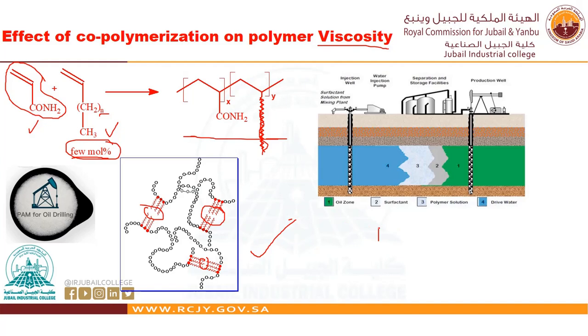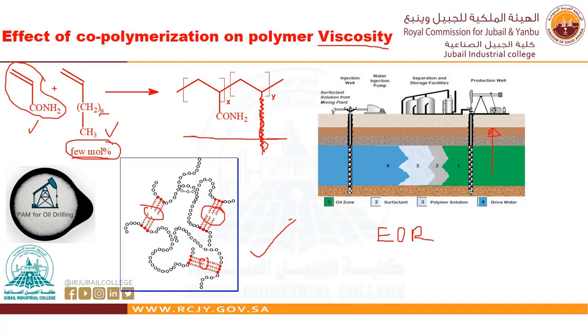in applications where increased viscosity is required. For example, enhanced oil recovery, that is secondary recovery of oil. In this case, they inject a high viscosity copolymer of polyacrylamide, which increases the pressure in the well, and therefore you can now take out the oil.